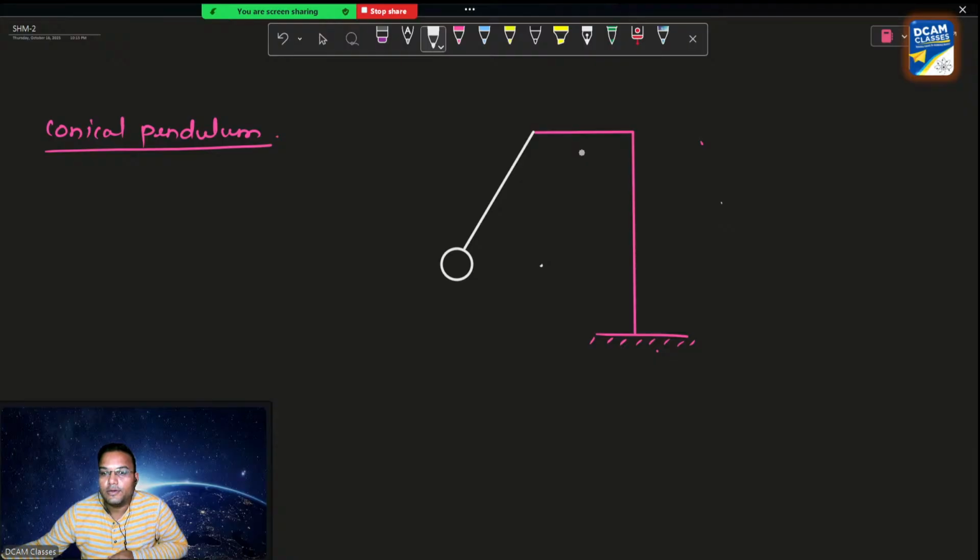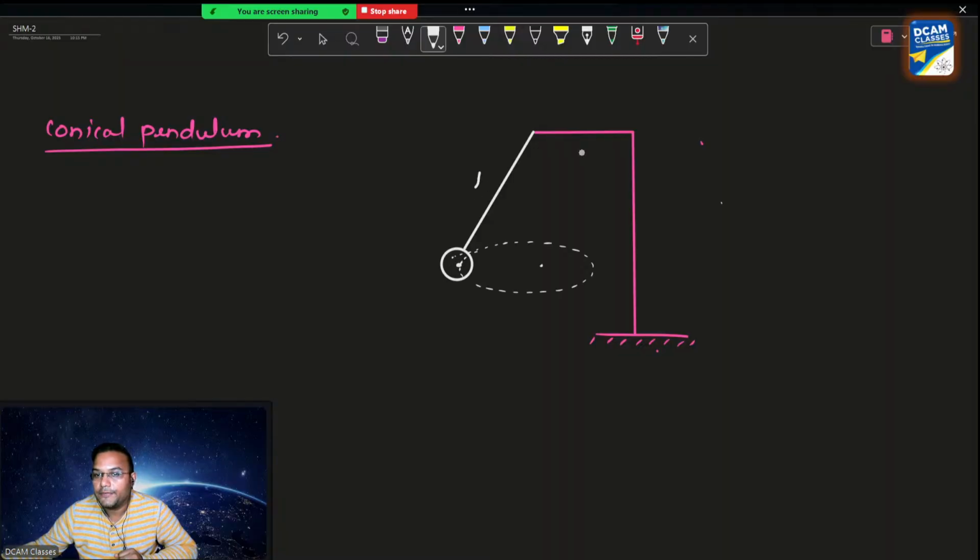Now, when it rotates, it will do circular motion like this. You can visualize it. It will be rotating like this. Okay, this is called the conical pendulum.